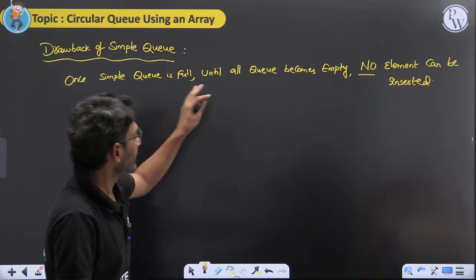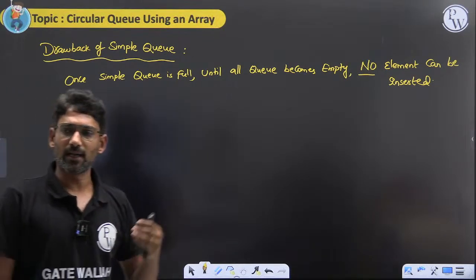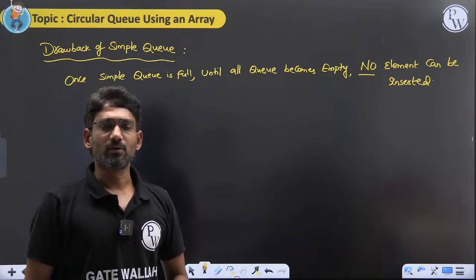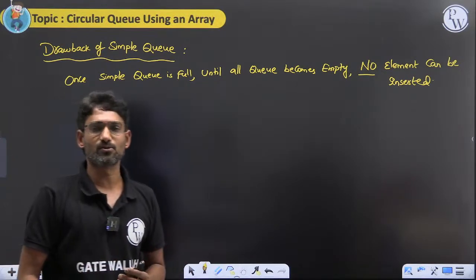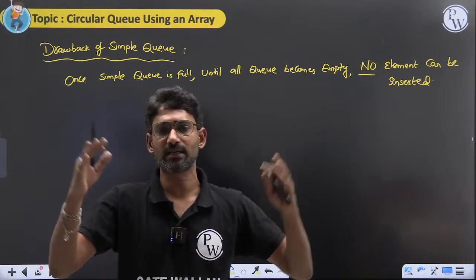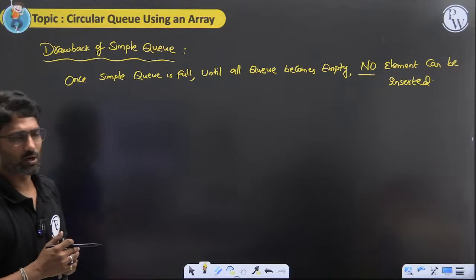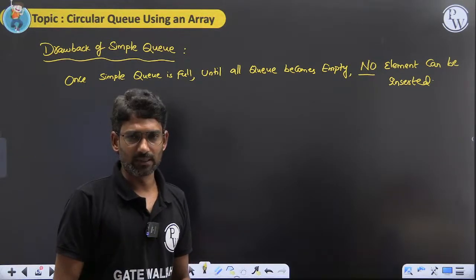But until then rear will be at 4 only, at the last index only. So whether you delete 1 element, 2, 3, or even 4 elements, though there are 4 spaces, if the total size is 5, even if n-1 elements got deleted, insertion is not possible.